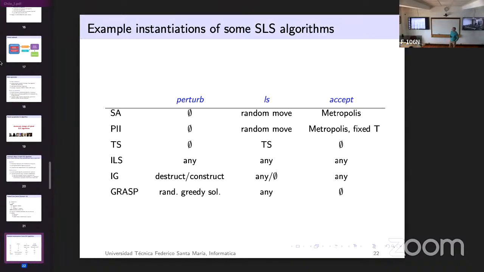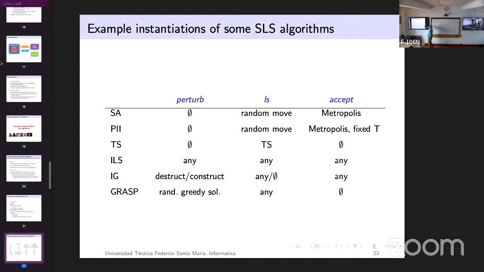And this, for example, is an example instantiation of some SLS algorithms. I have to say, SLS algorithms, you can say metaheuristics, it's more or less equivalent. So, for example, you have simulated annealing: you have no perturbation, the local search is a random move, and you have the acceptance that gives you simulated annealing. The probabilistic iterative improvement is the specific temperature.